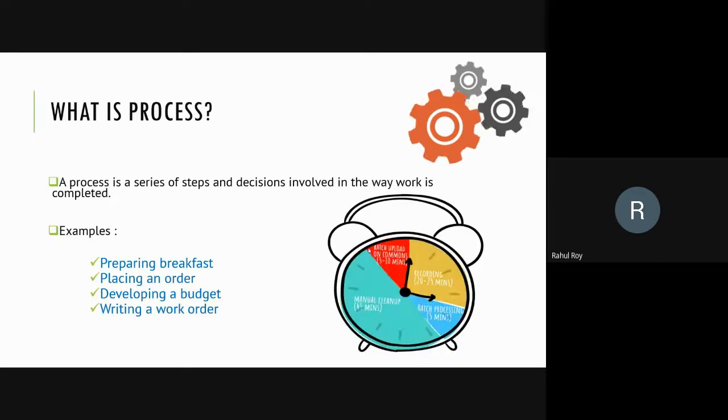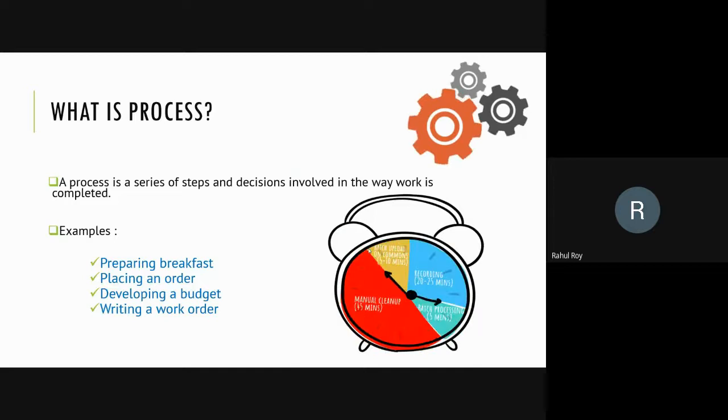A process is a series of steps and decisions involved in the way work is completed. Basically, every day in our day-to-day life we are following some process or other, right? For example, say I want to place an order in my Amazon application for a product. What we usually do is open the application.